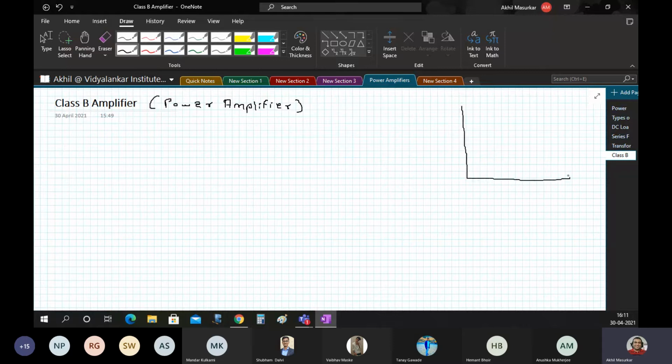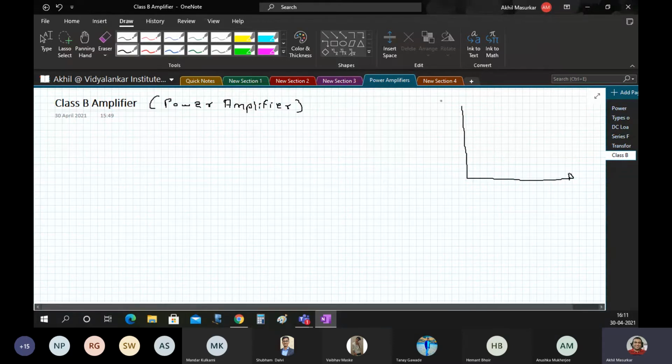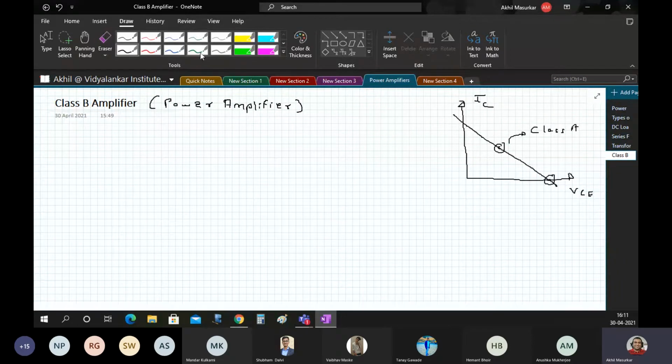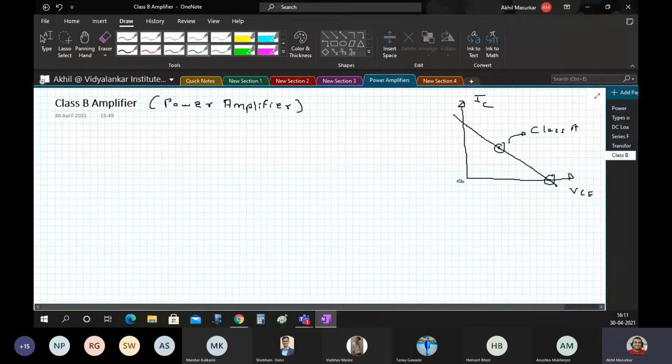If this is the X and Y axis, here we have IC and VCE on this axis, and if my DC load line is this way, for class A this was the Q point position. But for class B, the Q point position is going to be on the VCE axis.